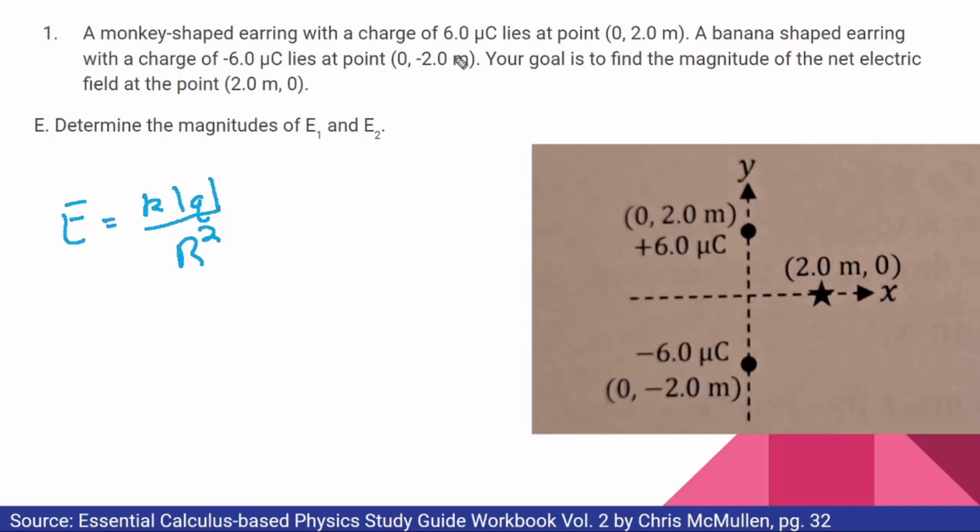We will use this equation because we have our charge and the distances that we have solved for in part B. So for E1, we will be using 9 times 10 to the 9th, and then the absolute value of 6 times 10 to the negative 6 because of the microcoulombs, and divide that by 2 square root of 2 squared. Now when you square this, it instead becomes 4 times 2, which then is 8.